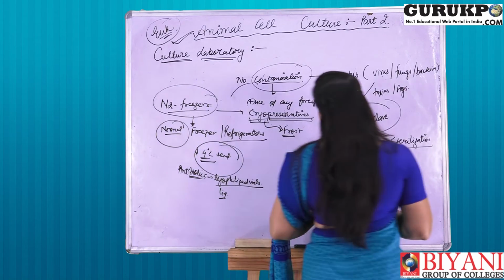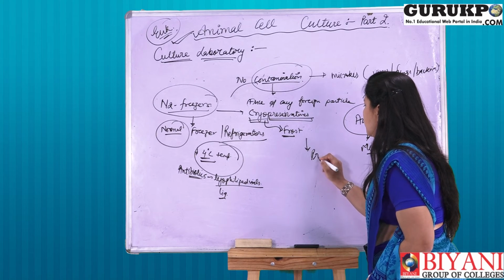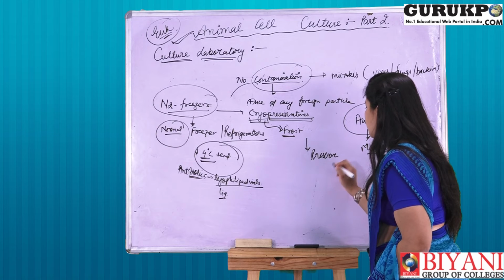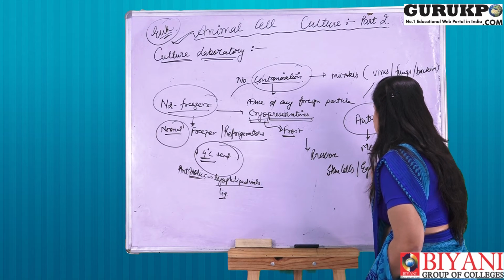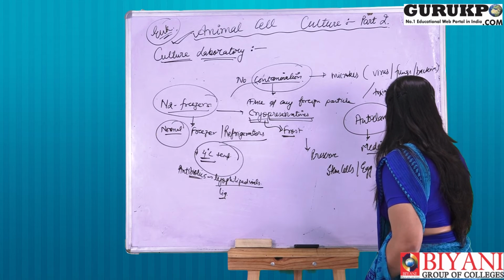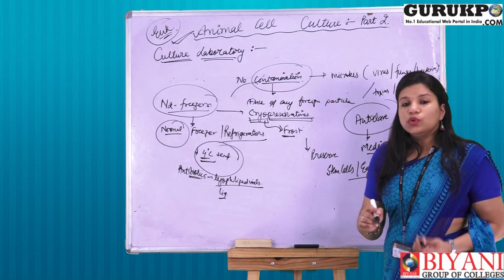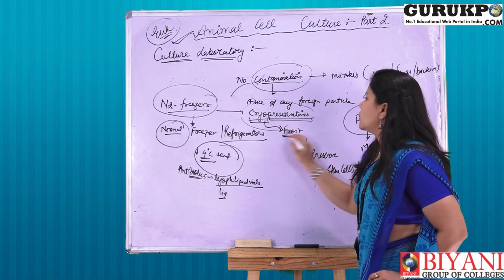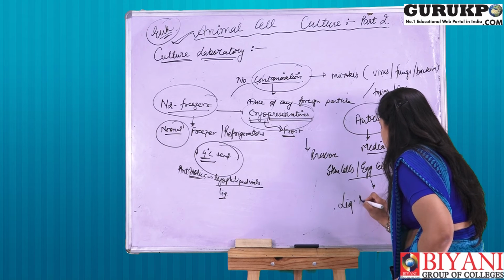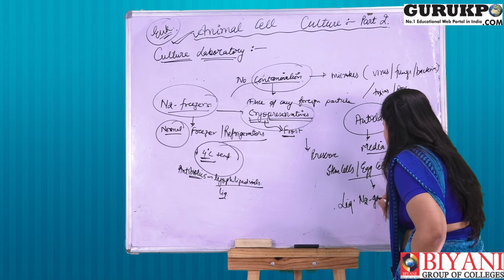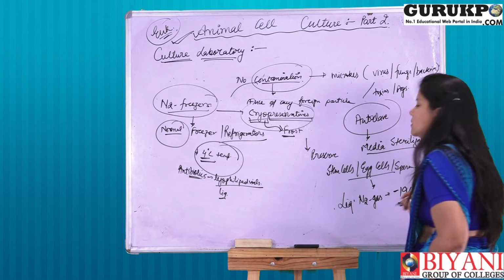So for example, suppose you want to preserve stem cells or any egg cell or any sperm cell, then you have to cryopreserve it using the liquid nitrogen gas, which is having a temperature of minus 196 degree centigrade.